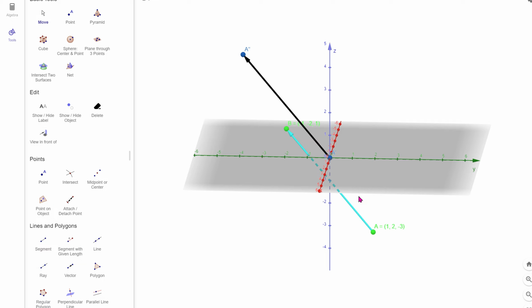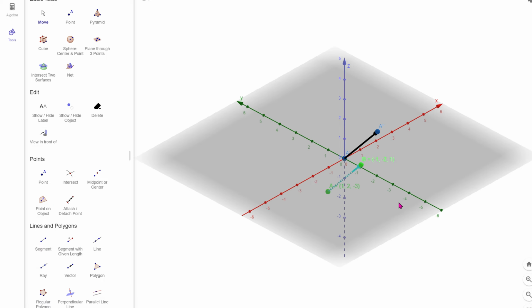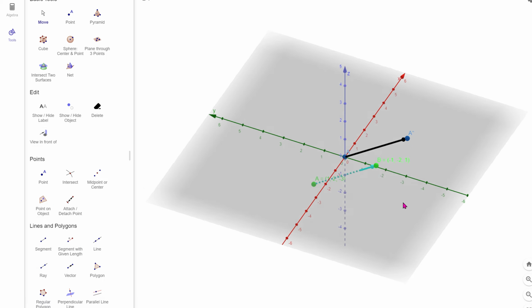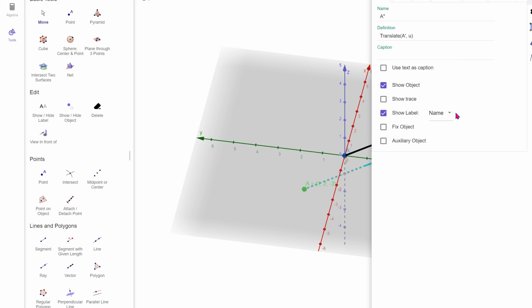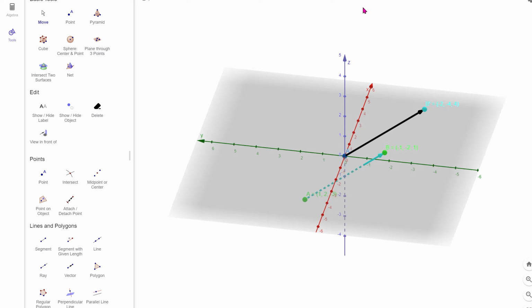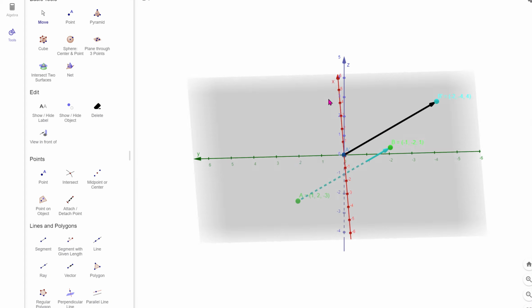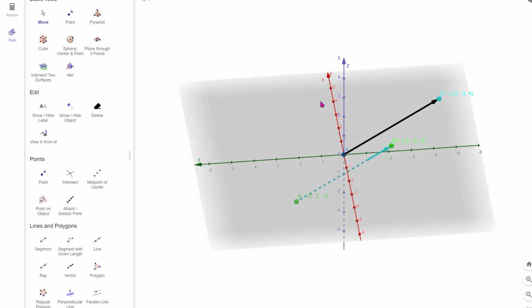I can show you in all directions, they are parallel. Now let's see the coordinates of this point B.